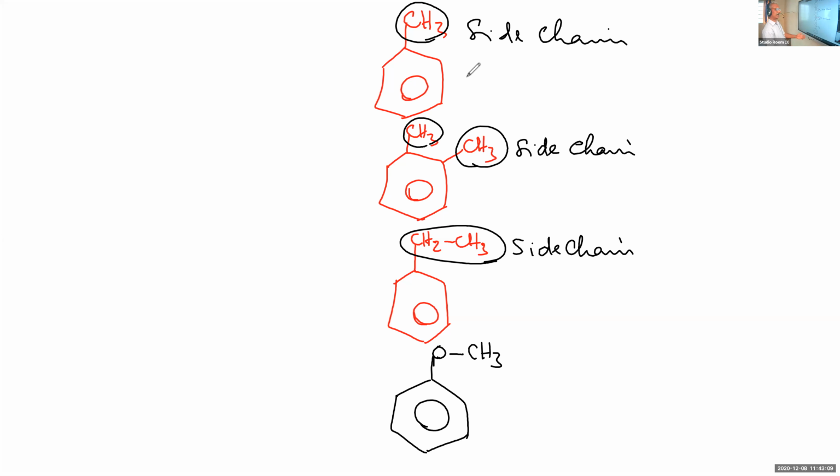We have to study this in second year. This is anisole, an ether. So this molecule has no side chain. There is a CH3 group, but that is not regarded as a side chain.